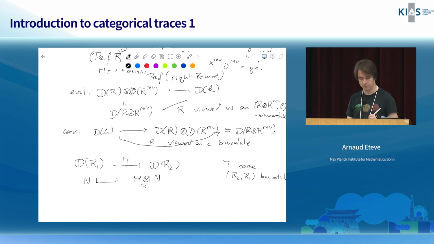So the slanted arrow takes something in D of R tensor R rev and takes its tensor product over R tensor R rev. Correct.